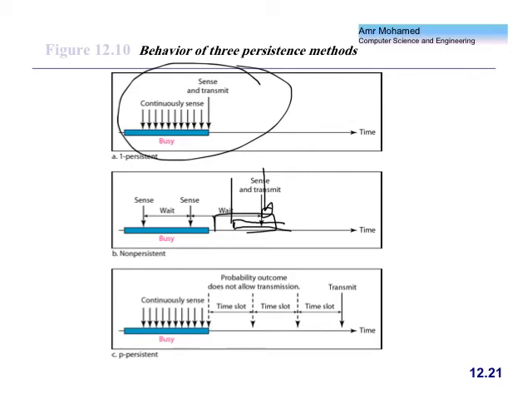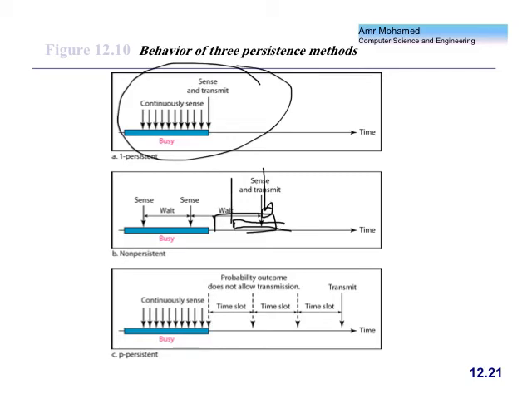Okay? And if I don't send, then I have to wait for one full time slot. One full time slot here is enough for one station to send one frame. And then after this time slot, I will check if the channel is still idle, then again I will use the random back-off procedure.